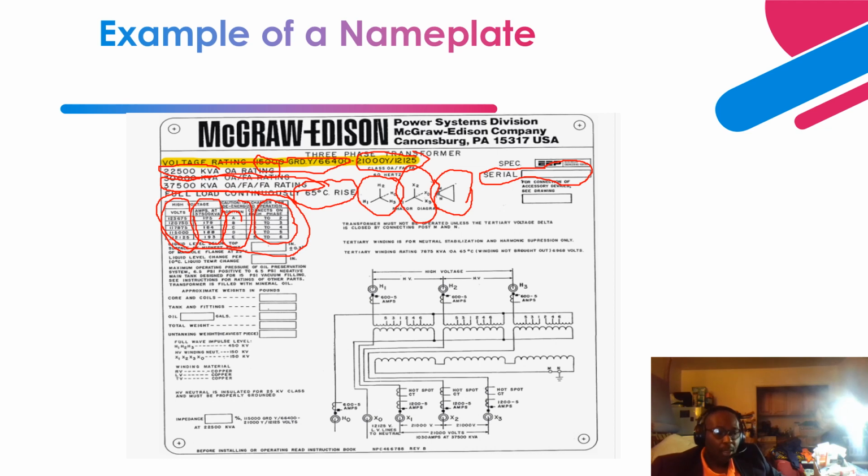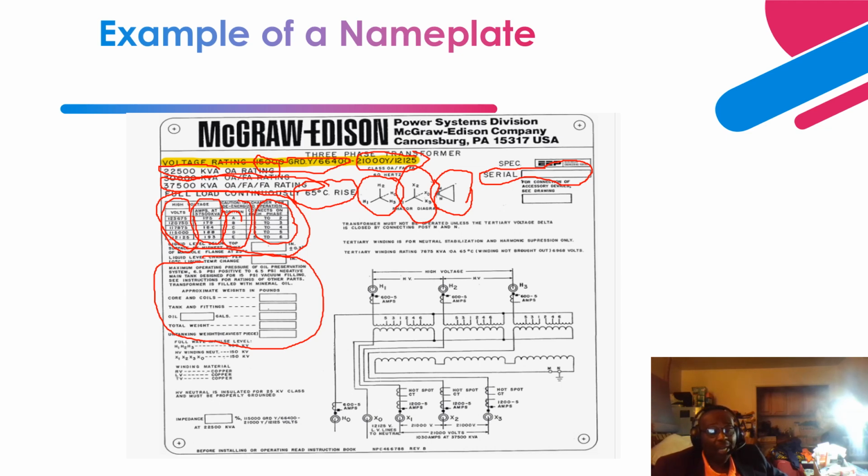Next, it's the weight, right? Like I made mention that we can have different weights indicated for the core and coil, for the tank and its fixtures, for the untanking, when the top members are removed from the transformer.